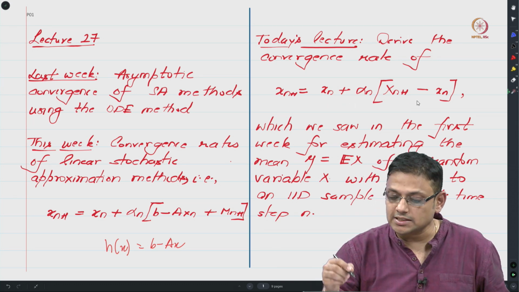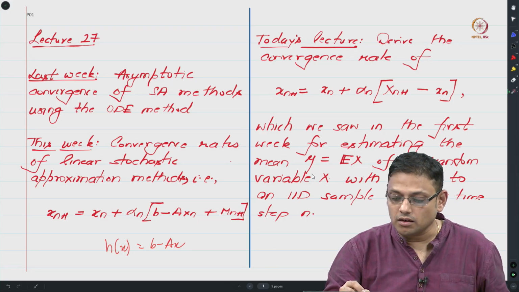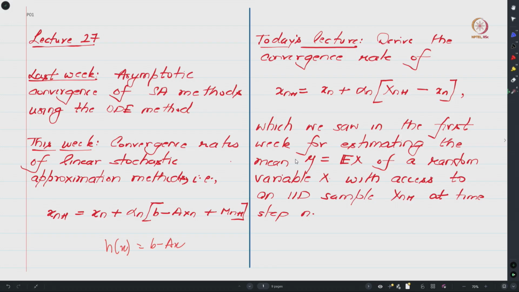So the problem is that we have some random variable X, and its mean is mu equals the expected value of X, and we have access to IID samples of this random variable X. In particular, at time step n we have access to the random variable X_{n+1}.